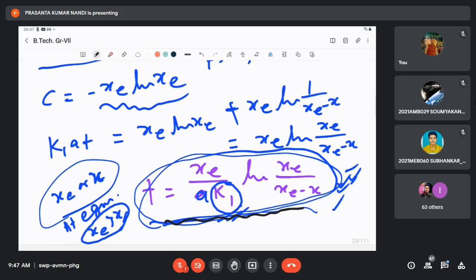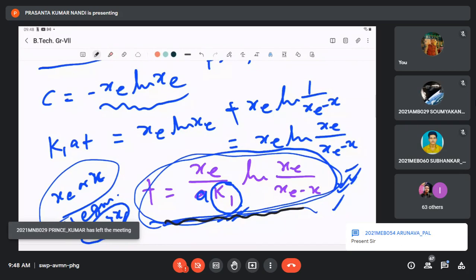What is x? x is the concentration of B at any time. So the equilibrium concentration must always be greater than the concentration of the product at any other time. Otherwise, from this expression, t would appear negative. Since it cannot be true, xe must be greater than x.